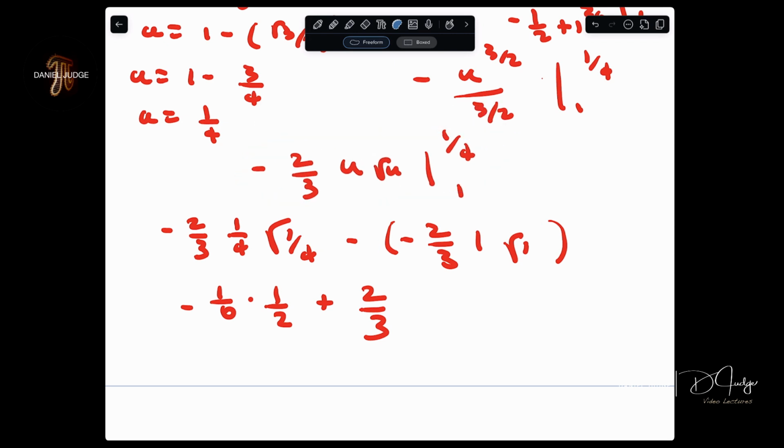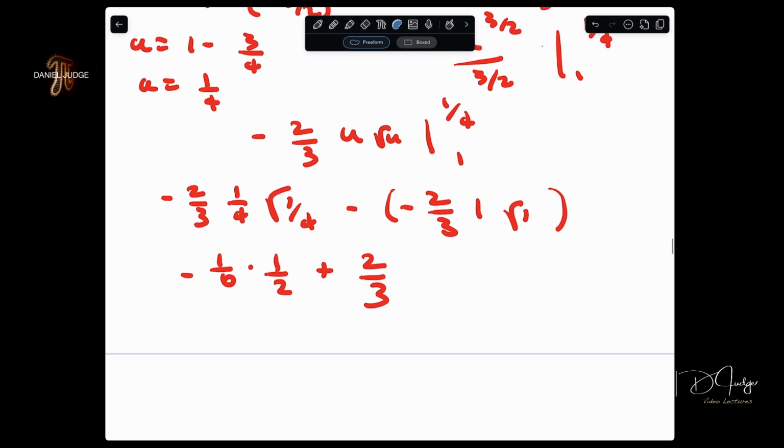Okay, that looks okay, so it looks like we're on the right track. So that's negative 1/12 plus 2/3.